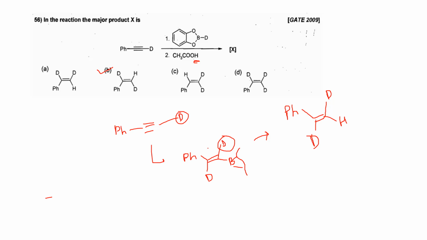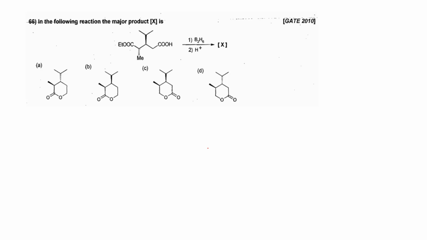Let's go to our next question. In the following reaction, what will be the major product? X is the major product. Just keep in mind the stereochemical aspect. Now we have discussed, or not, I don't remember actually, reduction. For reducing ester and ketone, we usually use lithium aluminum hydride, but in the case of acid, BH3 acts as a good reducing agent.